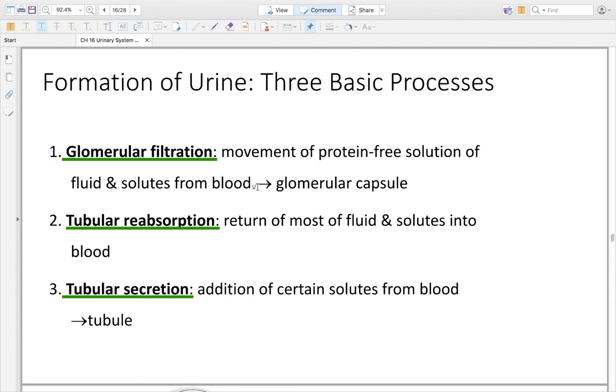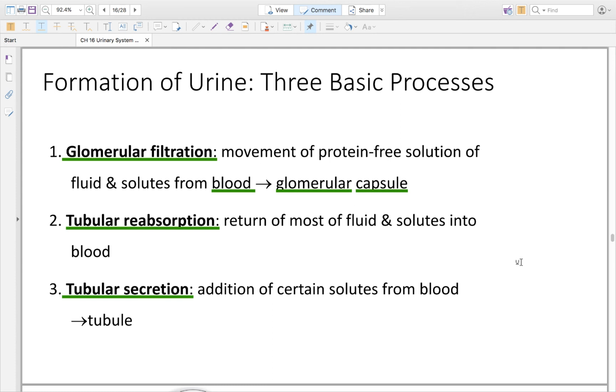So these substances leave the blood, and they're going to enter that capsule, the Bowman's capsule or glomerular capsule. Reabsorption is when, after filtration, there are things that need to be returned to the body.